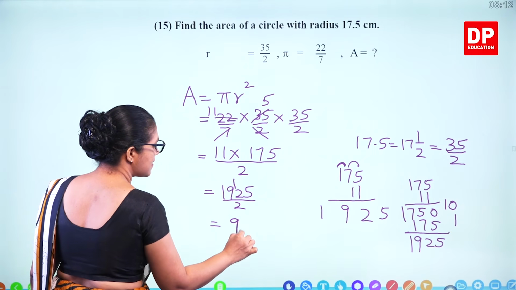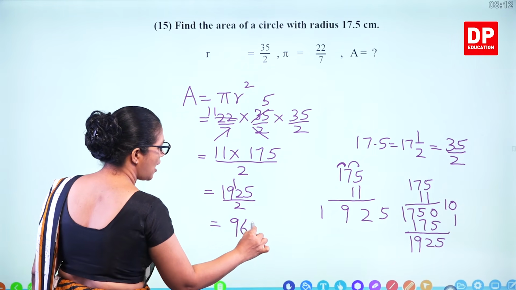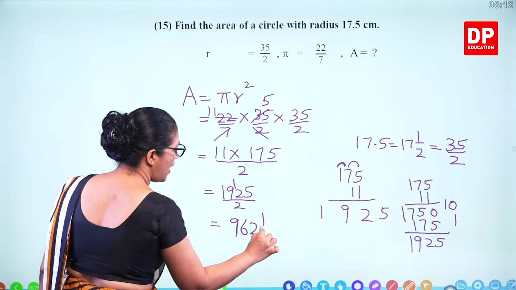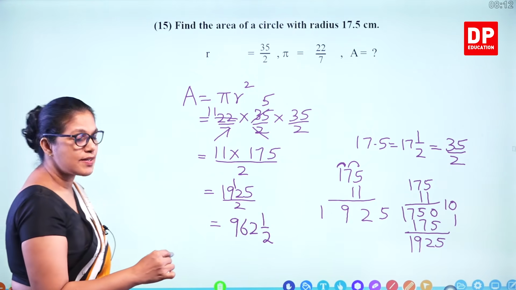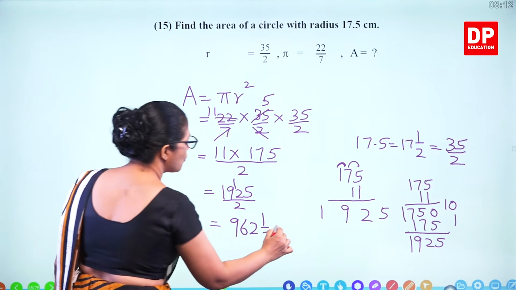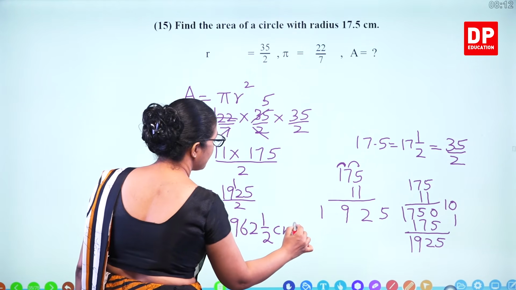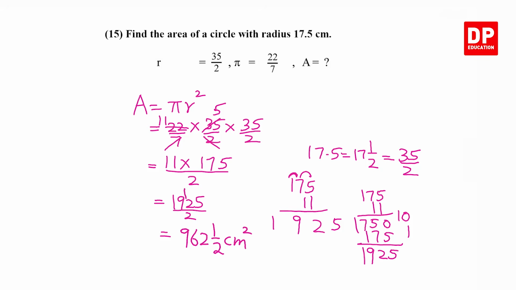And here 6. And 2 times 2, 4. And there's one part. Half is there. 962 and a half square centimeters is the area of the circle.